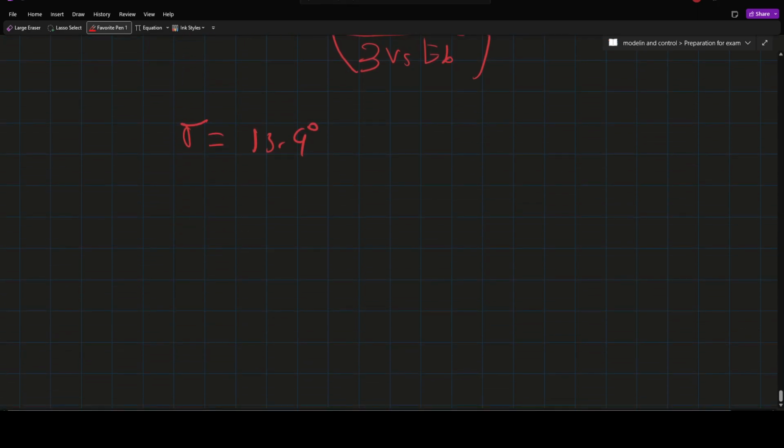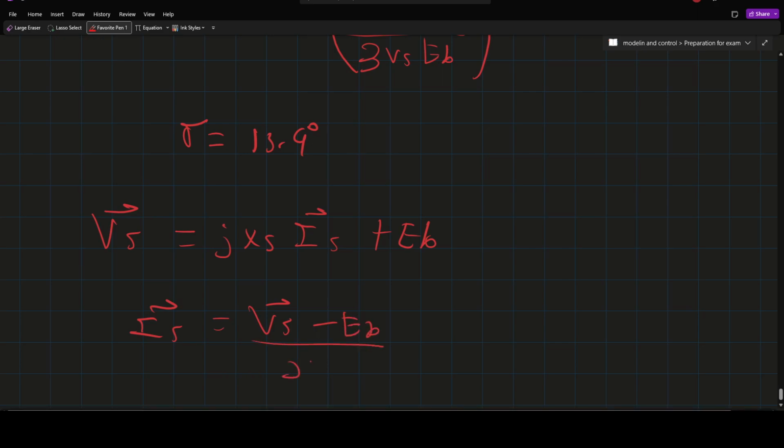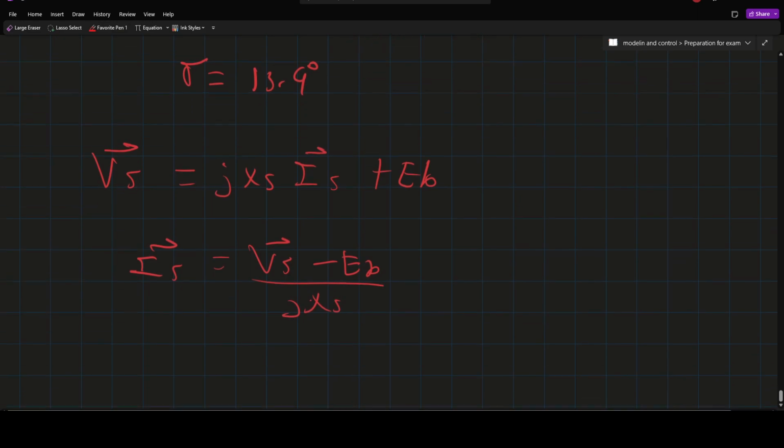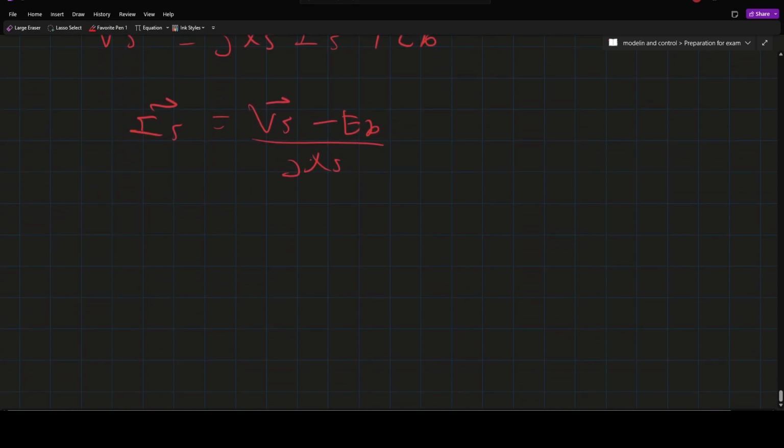And now to find our current, we know we have here our formula, and if we solve for current, it's going to be Vs minus EV over jXs. So our current needs to change to account for the change in EV.